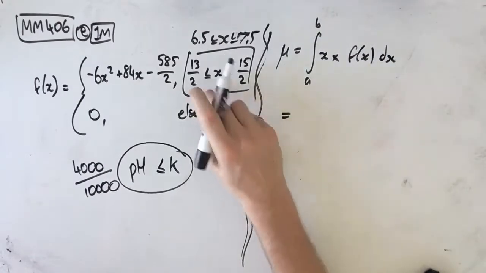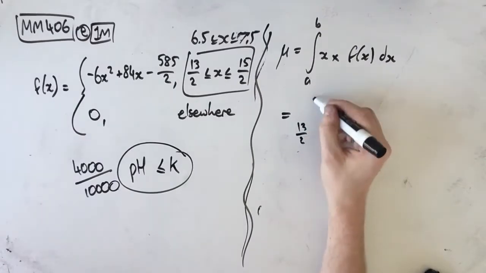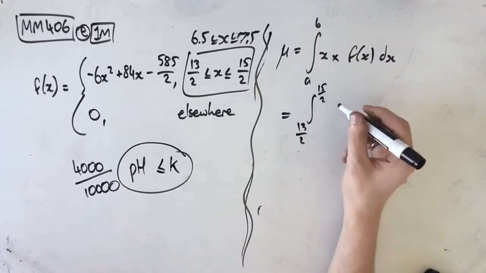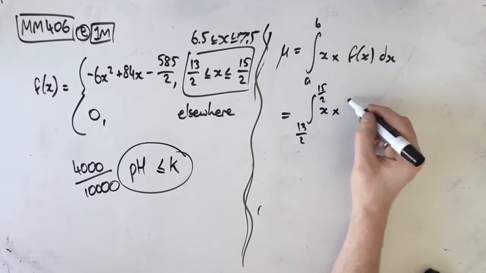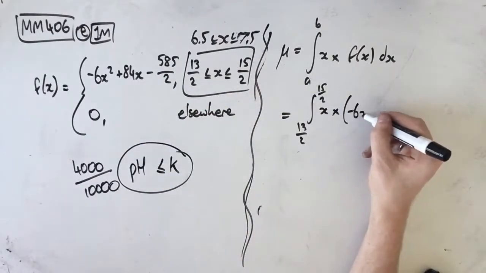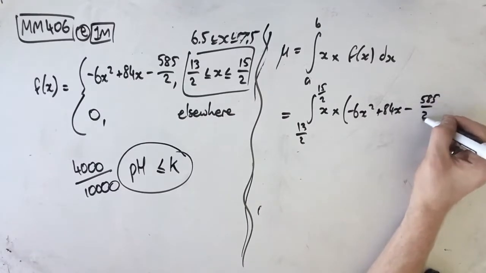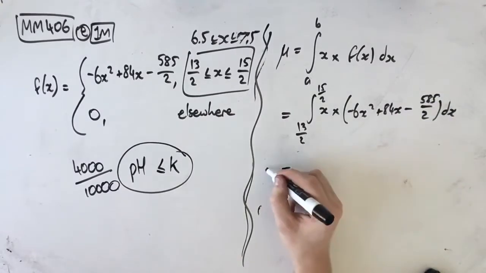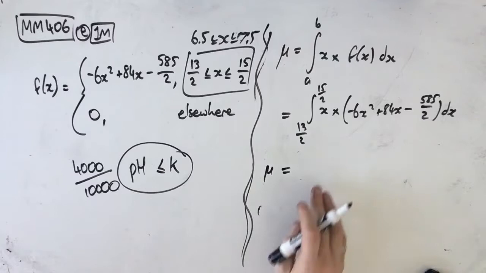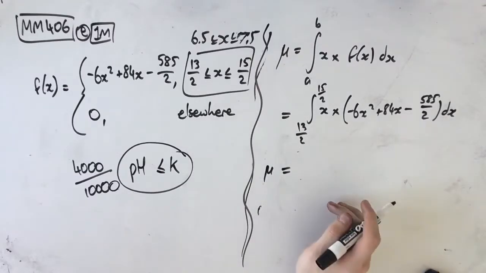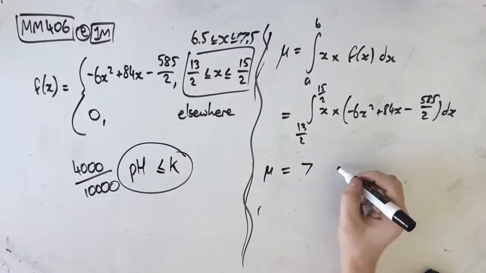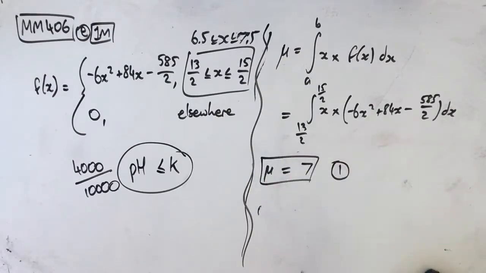So our lower is 13 on 2, upper is 15 on 2, x times our function, which is negative 6x squared plus 84x, take 585 on 2, dx. And again, because this is a 1-mark question, I would just sub this all into your CAS, and what it spits out is 7. So our mean of x is 7.